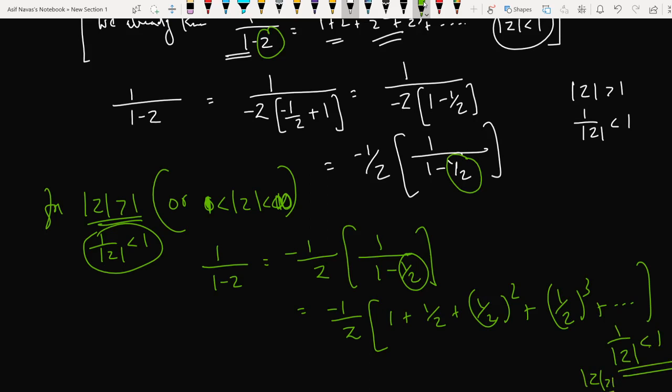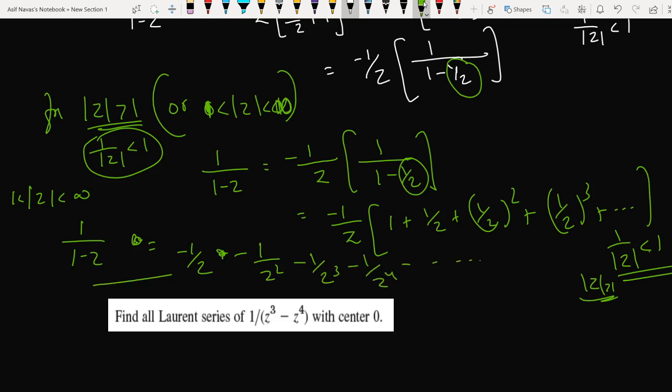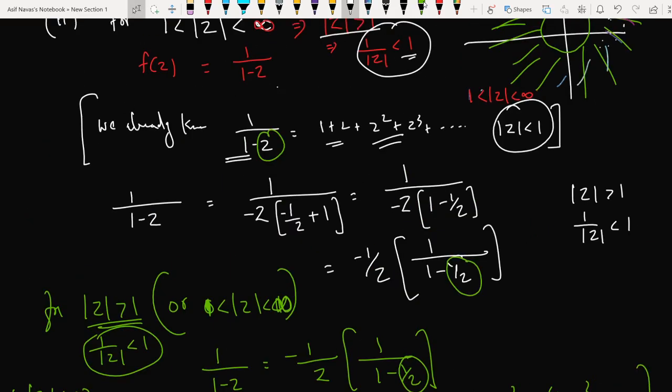So what is the Laurent series expansion of 1 by 1 minus z in 1 less than mod z less than infinity? This is equal to minus 1 by z minus 1 by z square minus 1 by z cube minus 1 by z raised to 4 minus etc. So this is the Laurent series expansion outside the circle.